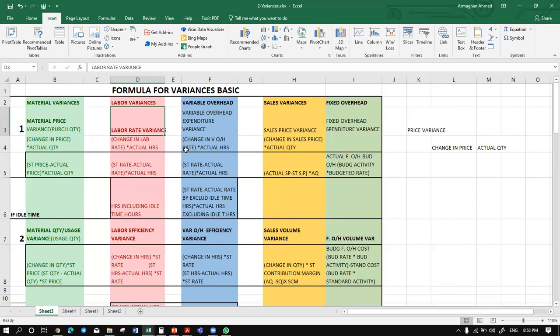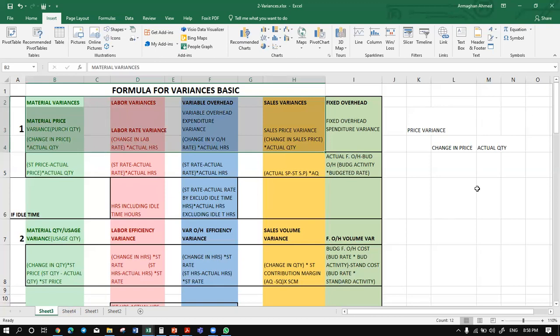Even if you say labor price variance, it is not wrong. Different books use different terminologies. So the basic price formula is change in price into actual quantity, and the same is applied up to sales price variance. Agree?